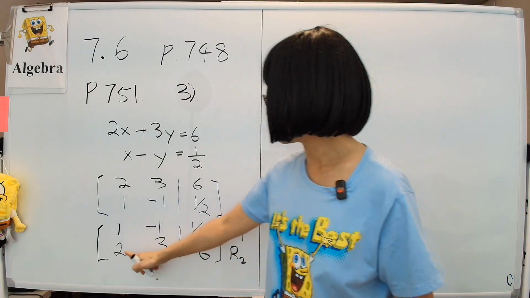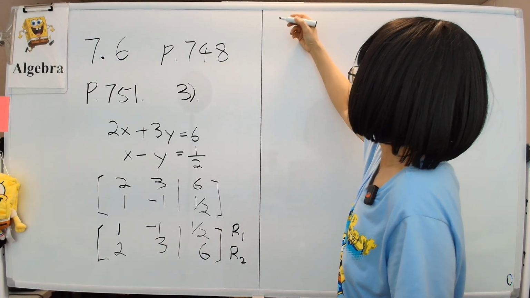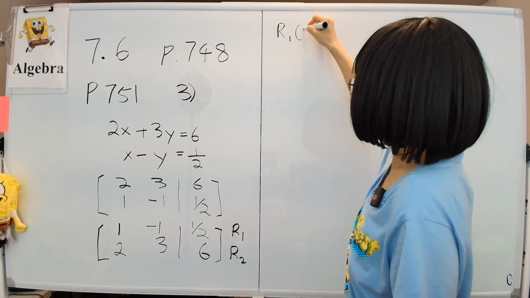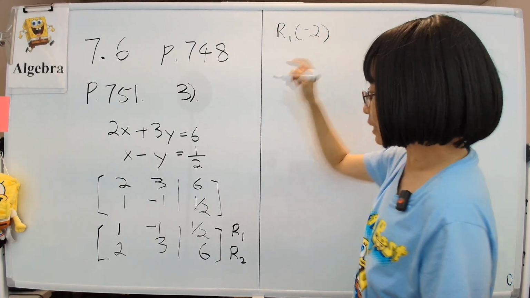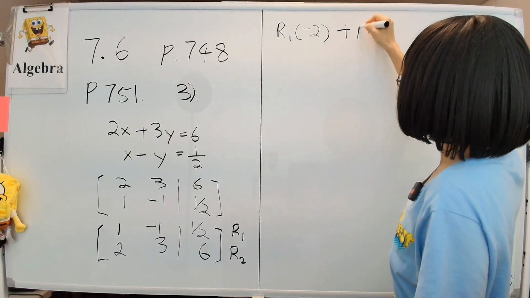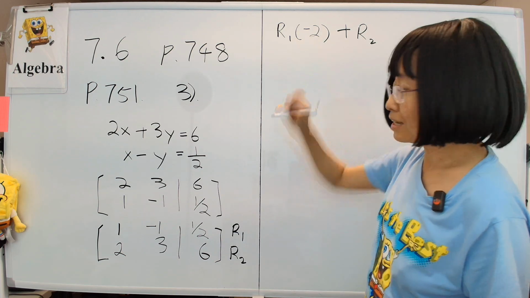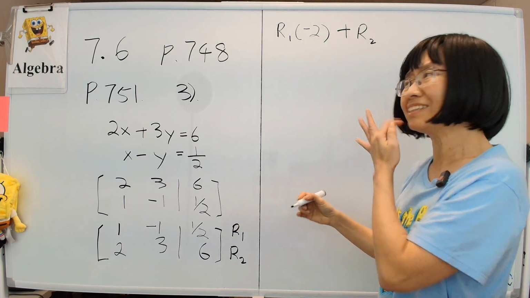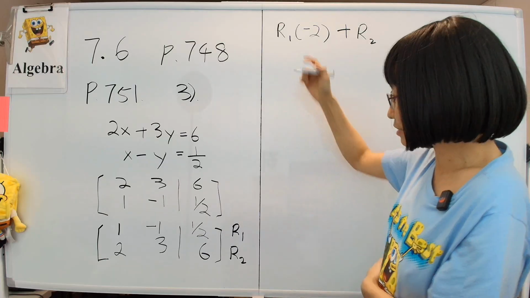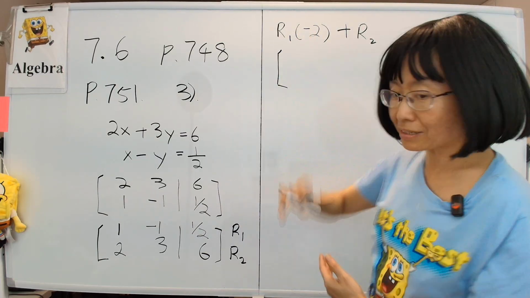To make this into 0, we take row 1, multiply it by minus 2, and add it to row 2. This is not particularly difficult or challenging in terms of math, but it sure is tedious. So that's what we're going to do.